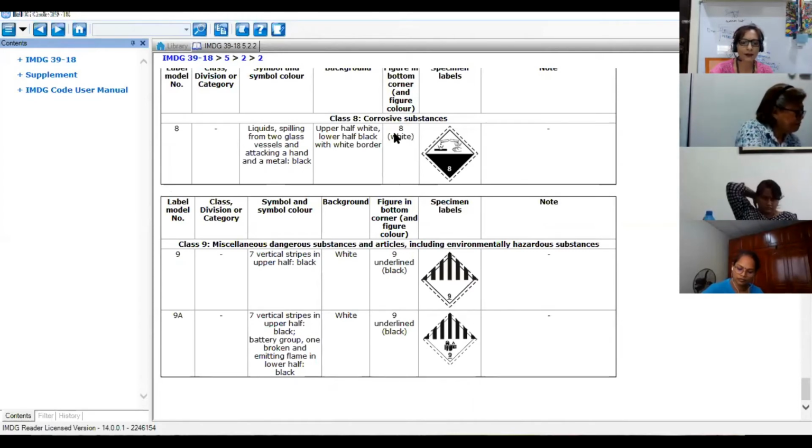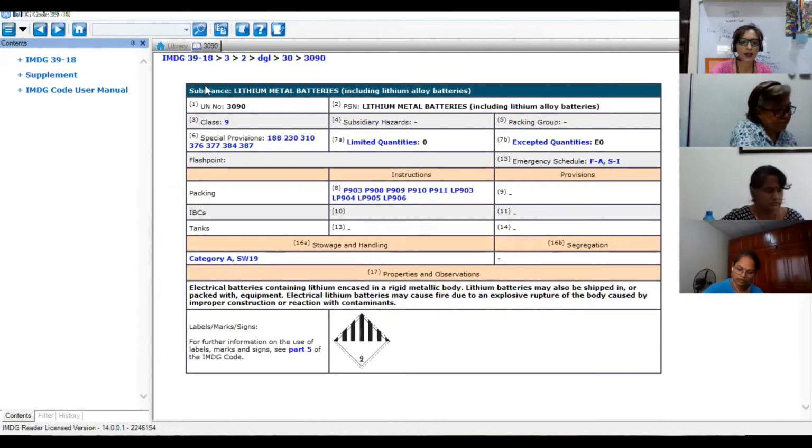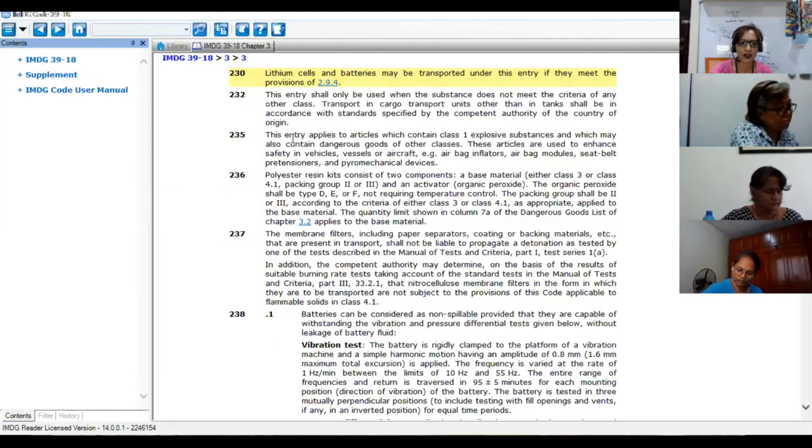So that's lithium. You must be sure what battery you're talking about. If it's a lithium battery, then the lithium battery is already telling you the marks you need to indicate, depending on the lithium content in that battery. Because all this other stuff, this 230, is talking about how lithium batteries and cells may be transported under this entry if they meet this.